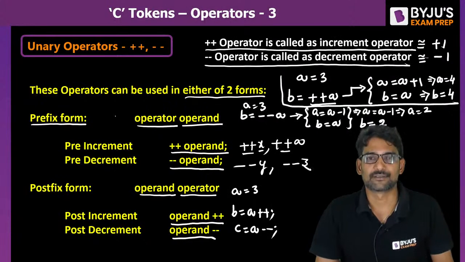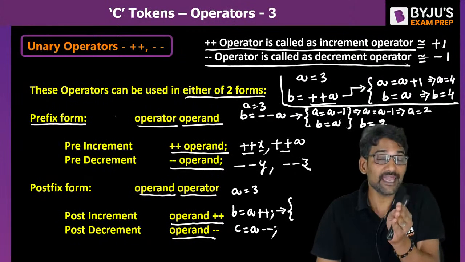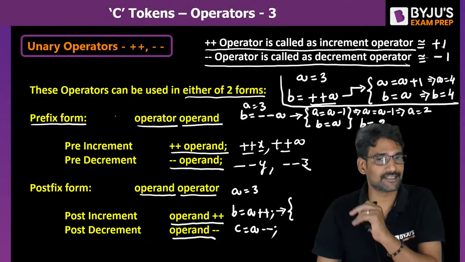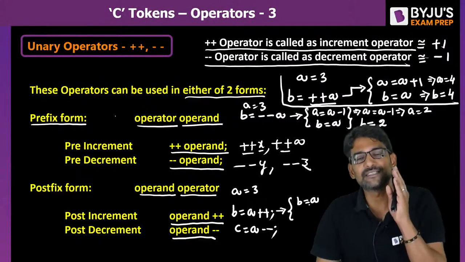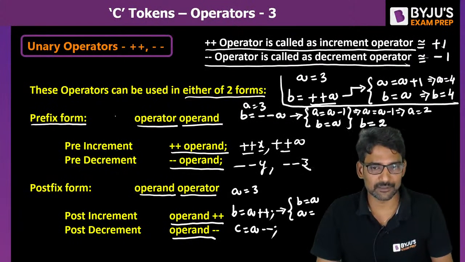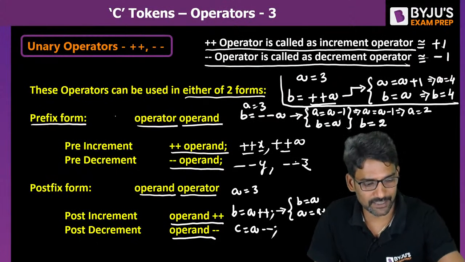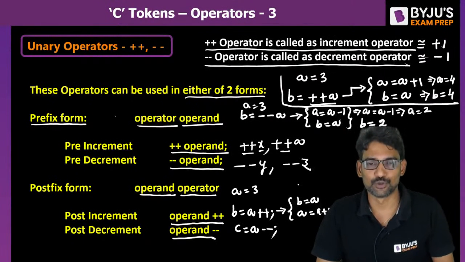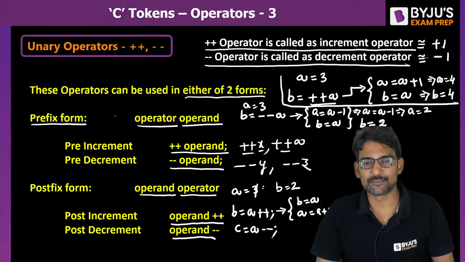What happens? Look at this. b equal to a plus plus. What does this mean? Here in the right hand side, a exists first, plus plus exists next. So assign the existing a value to LHS. After assignment, increment. So b value becomes 3, then a becomes 4.